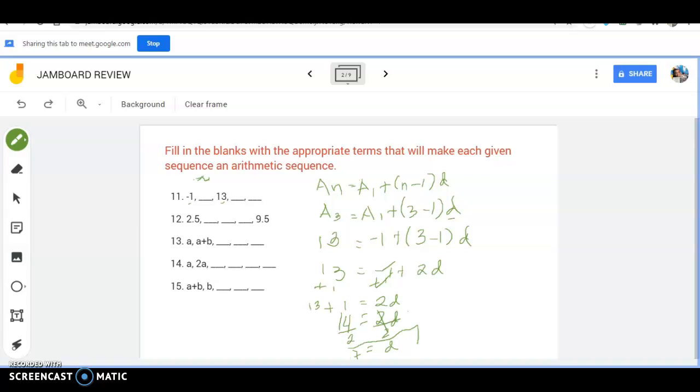Positive 6. Be careful with the sign, okay? Next, since our common difference is 7, we add 7 again to 13. So, it becomes 20, right? Okay, and after that, you have 27. So, that's how to find missing terms.